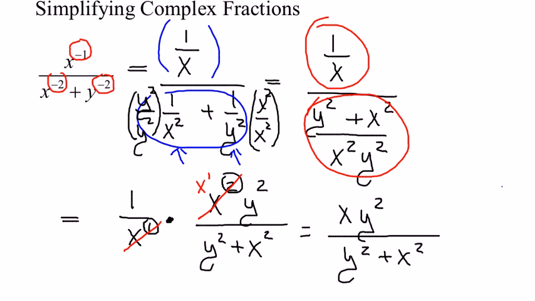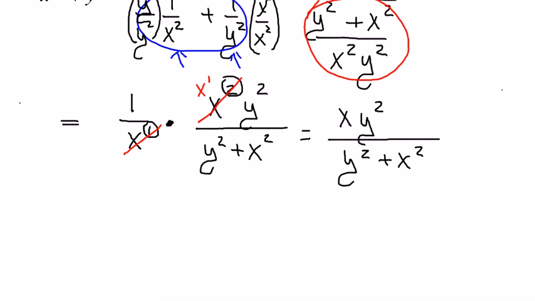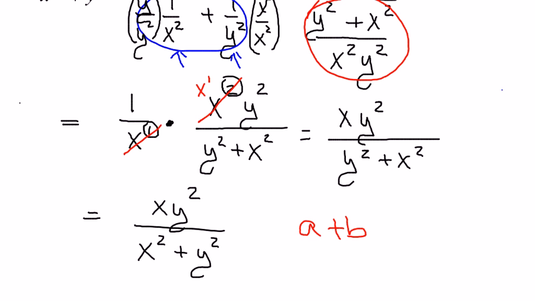And if you'd like, you can make this bottom part have the x squared come first. It doesn't matter, because you have to remember that a plus b equals b plus a.